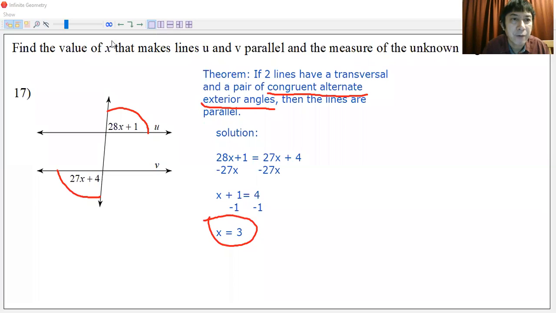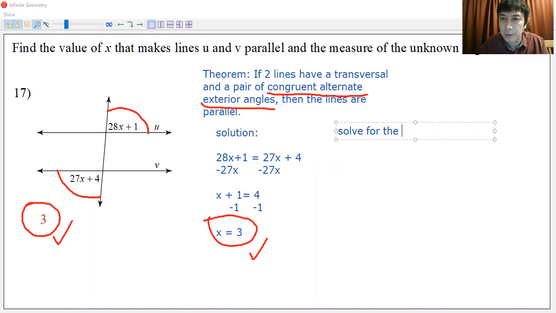And so we can verify that. All right. At the lower part of the diagram, you can see the confirmation there. Our x is 3. All right. Solve now for the angles.